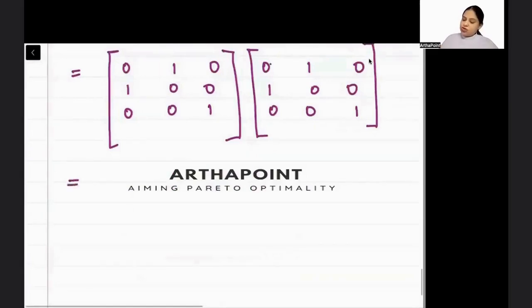This will be 0 into 0 plus 1 plus 0 is 1, 0 into 1 plus 0 plus 0 is 0, 0, 0, 1, 0, 0, 0, 1.